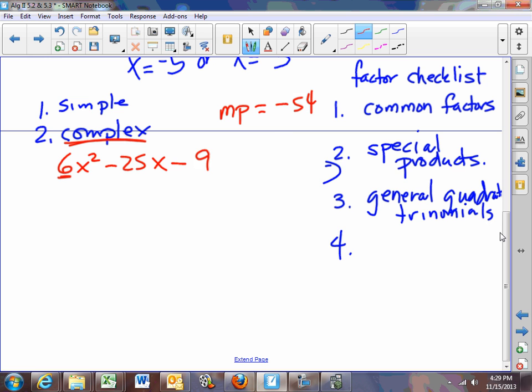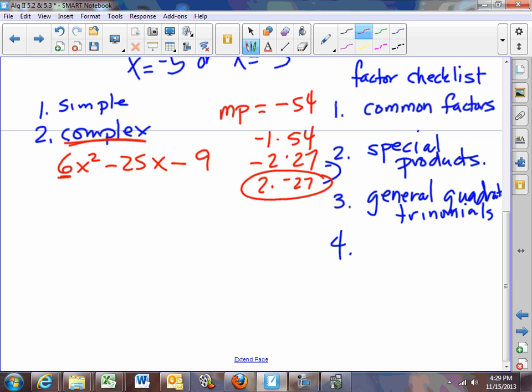So let's write negative 1 times 54, negative 2 times 27. Well, if we look at that as if it was 2 times negative 27, that would work, right? So that's what we'll use. Now, if you were listing them, you'd have come to it eventually, but I hope you recognized at that point that 2 and negative 27 were the ones.